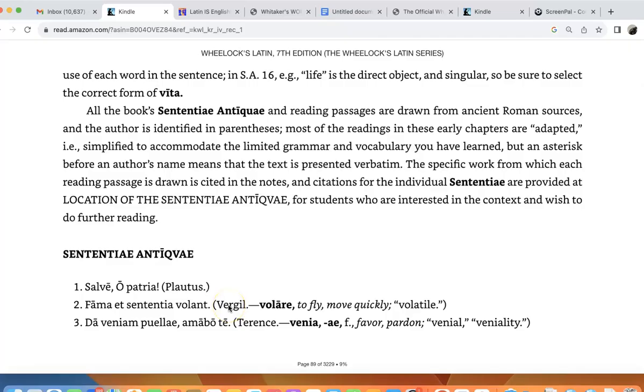Obviously, we have architecture and other kinds of physical remains, but when it comes to the language, it is Rome's great writers, and also later Christian writers, that preserved Latin over the ages, and that's largely where our Latin comes from. So salve means hello, and then O patria, so greetings, O fatherland, or greetings, my country.